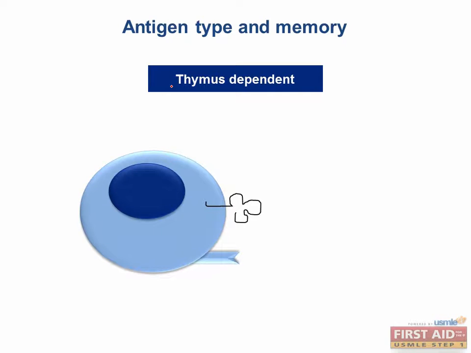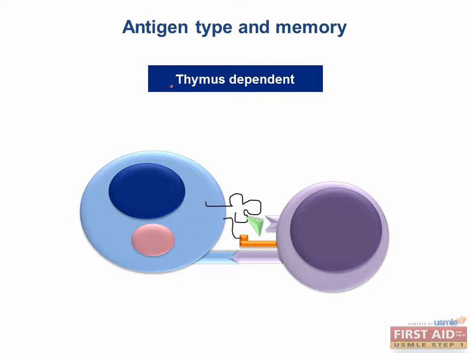So here we have a cell, just some type of cell, that is infected with a virus. Again, we already discussed how it degrades the virus and sticks a piece of it onto its MHC1 receptor, right? What cell will come along? It's either a natural killer cell, but we're talking about T cells here. This is probably a CD8 T cell then, right?